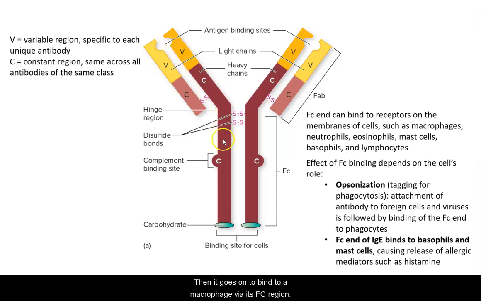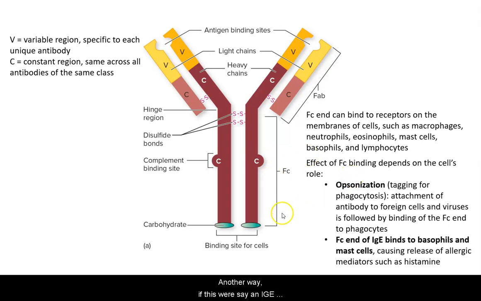Then it goes on to bind to a macrophage via its Fc region. That's going to trigger the macrophage to engulf the antibody-antigen complex, okay? So it's going to basically eat the pathogen. That's one way antibodies work.